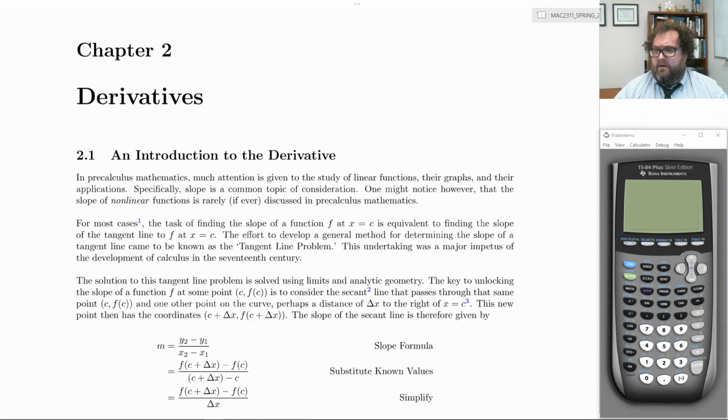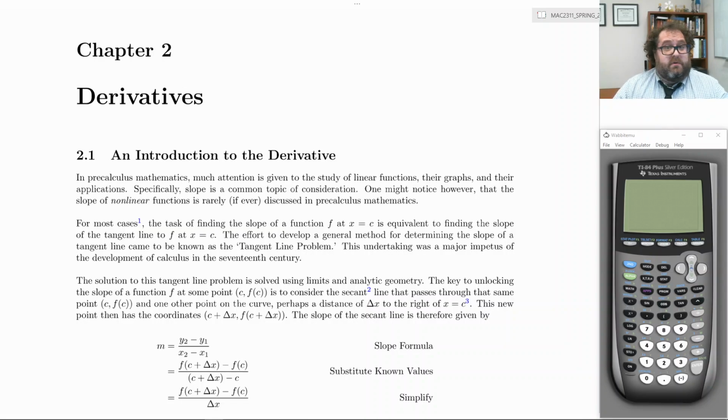Bat could mean a baseball bat, or it could mean the mammal that flies around. What's the word for that? Homonym, maybe? Is that right? I don't know. You can correct me if that's the wrong word. But different meanings depending on the context, but otherwise the same word. So derivative, you can use it in different contexts, but in general, it's some sort of slope.